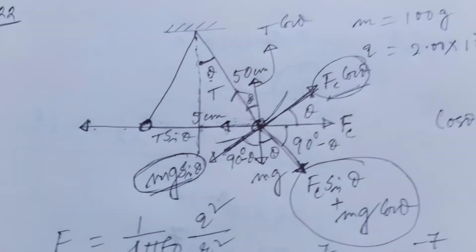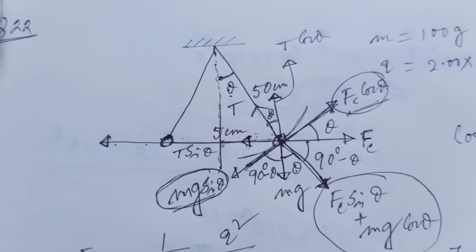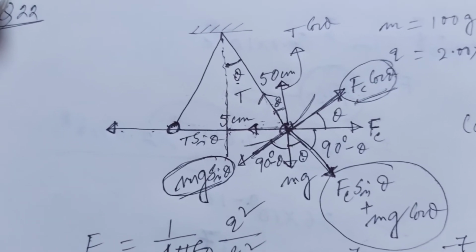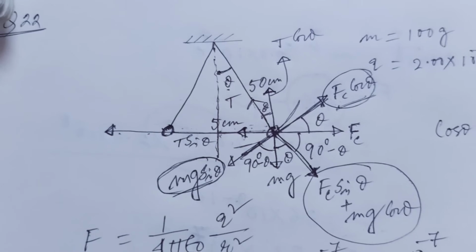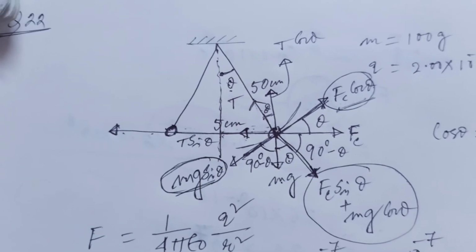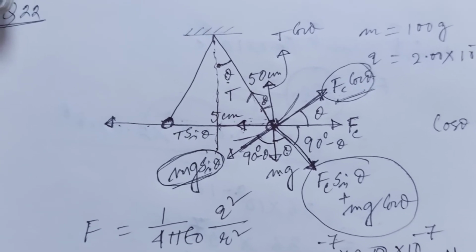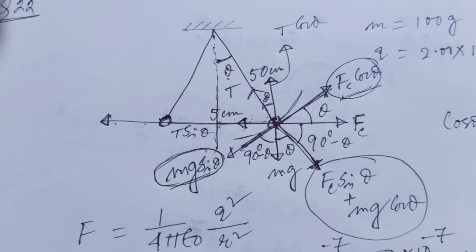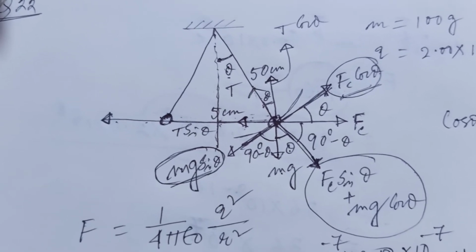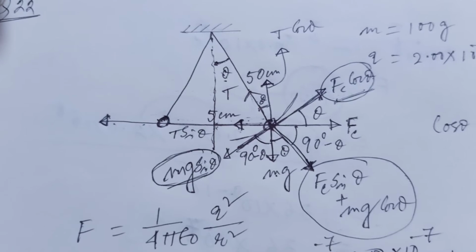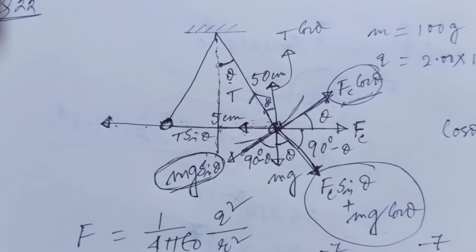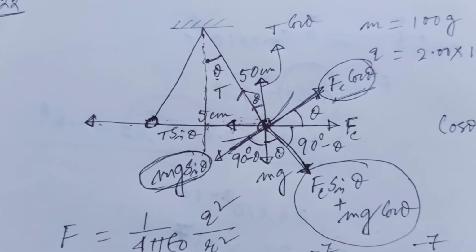I repeat again, this numerical is very critical if you do not have that particular concept. But if you clear your concepts of resolution of vectors from class 10 and 11th level vectors, then it is very easy.